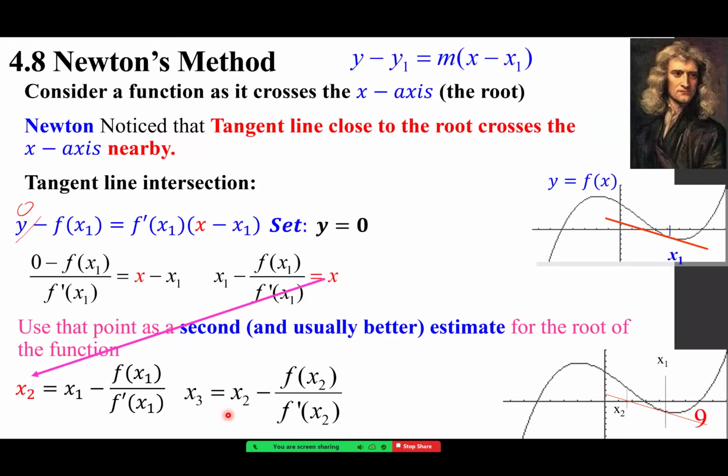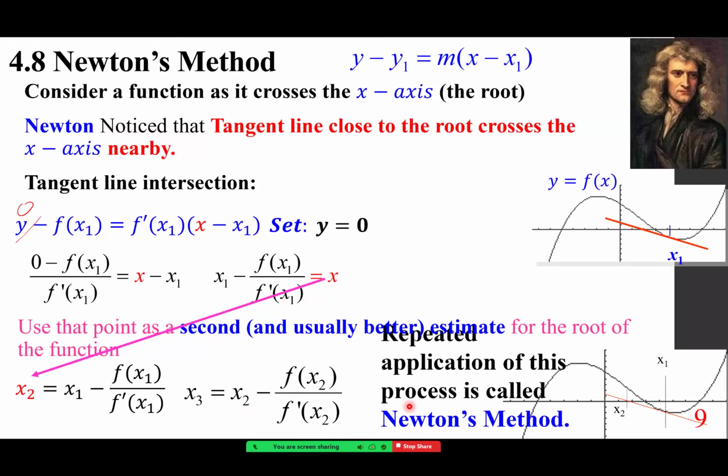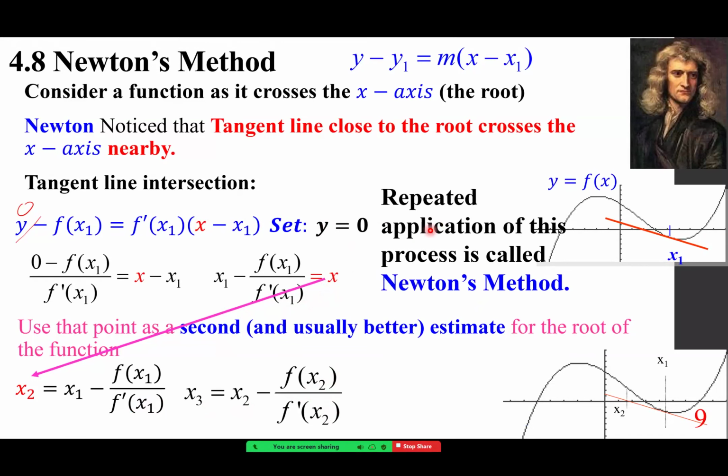X sub 3 would be x sub 2 minus f of x sub 2 over f prime of x sub 2. And in general, repeated application of this process is called Newton's method. And x sub n plus 1 is x sub n minus f of x sub n over f prime of x sub n. Please understand, all of it comes from the good old point slope and finding the equation of a tangent line and setting y equal to 0. That's the idea at each step.